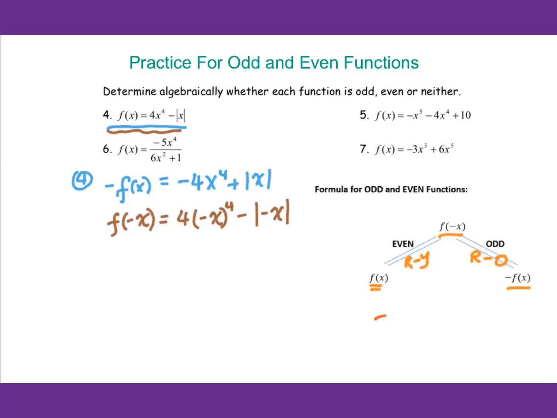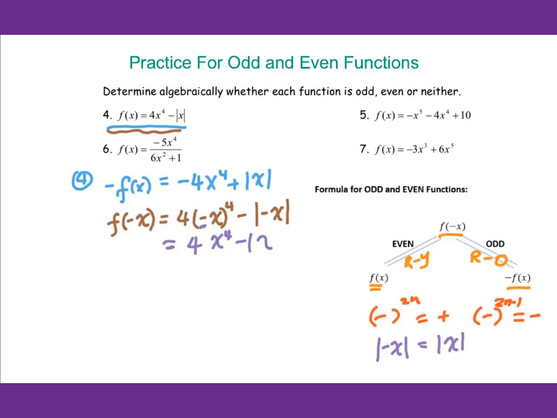We know that a negative sign to an even power equals positive, and a negative sign to an odd power is still negative. Therefore, a negative sign to the fourth power gives positive x to the fourth power. Then we bring down this 4, minus the absolute value of negative x, which equals the absolute value of positive x.